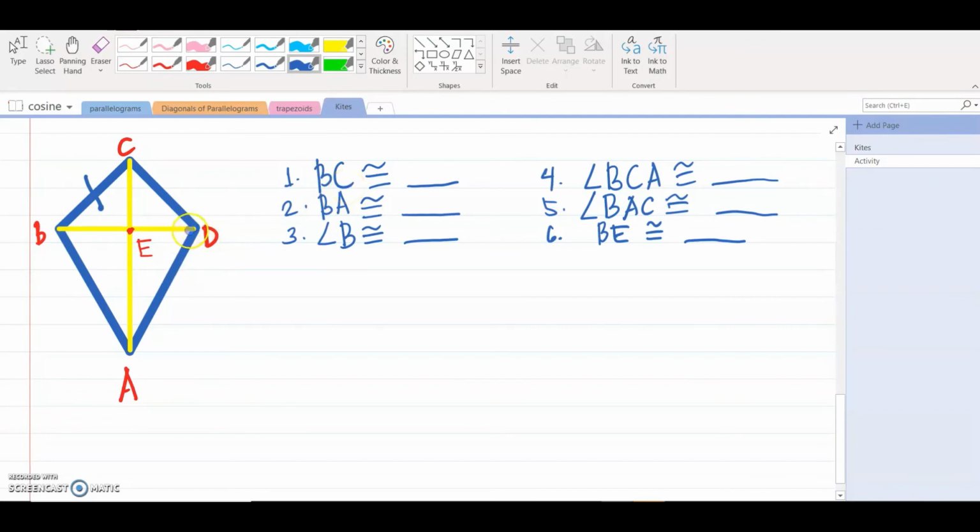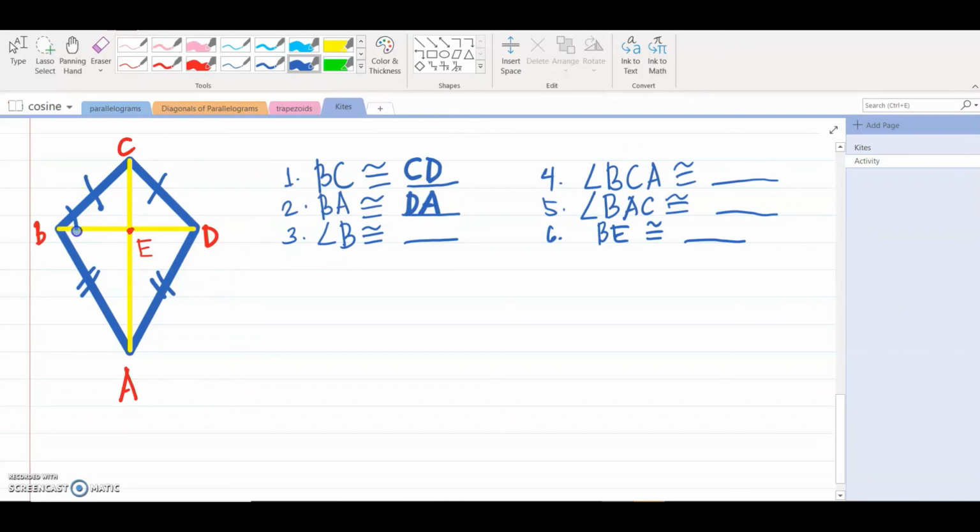Of course, the adjacent side of this side, which is this side, so that is CD. Okay. Next, for side BA, of course, the other adjacent side, which is DA.